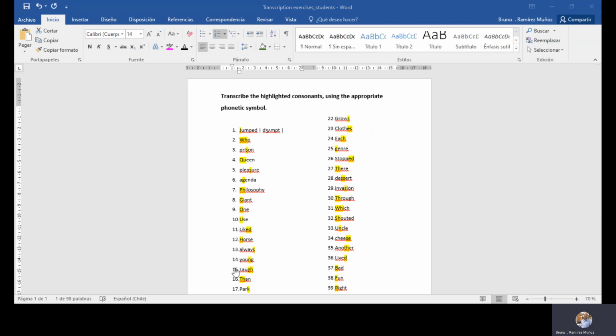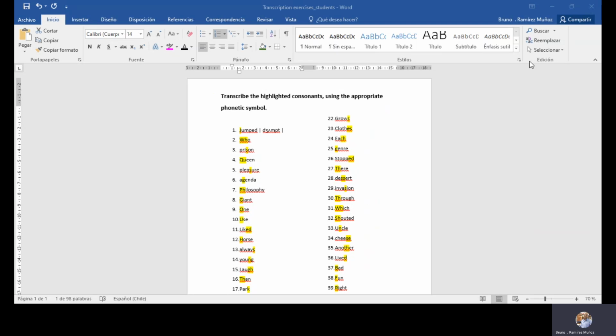So the task is basically to describe or transcribe the consonant sounds, and you take 10 to 15 minutes, and then we'll review the answers.